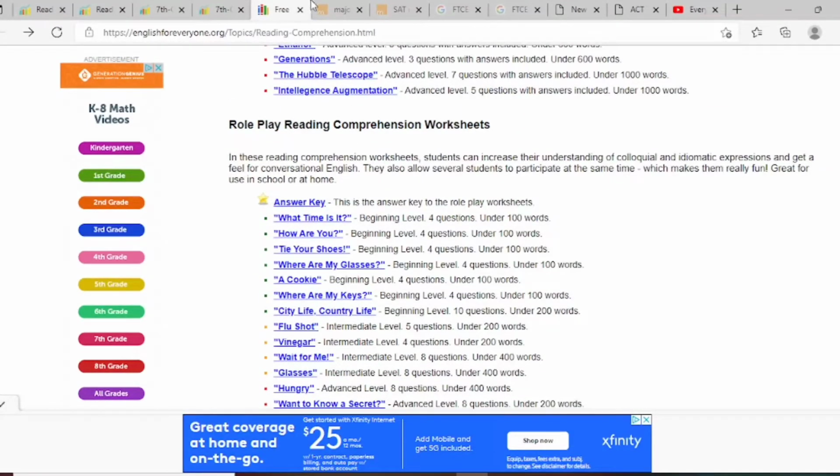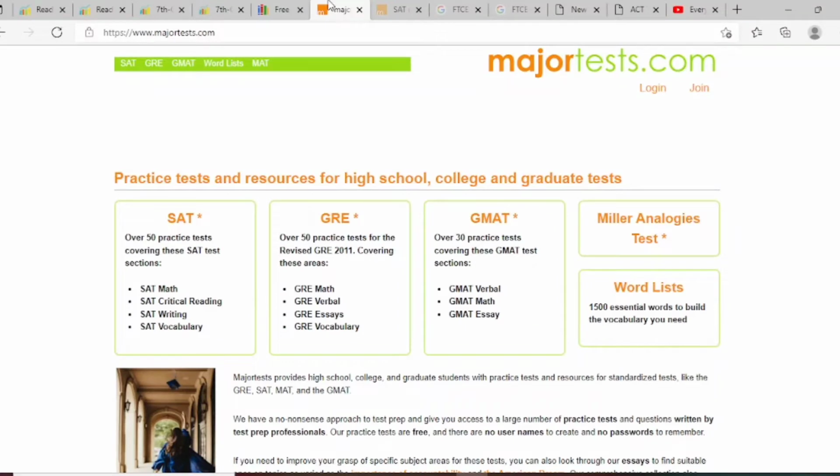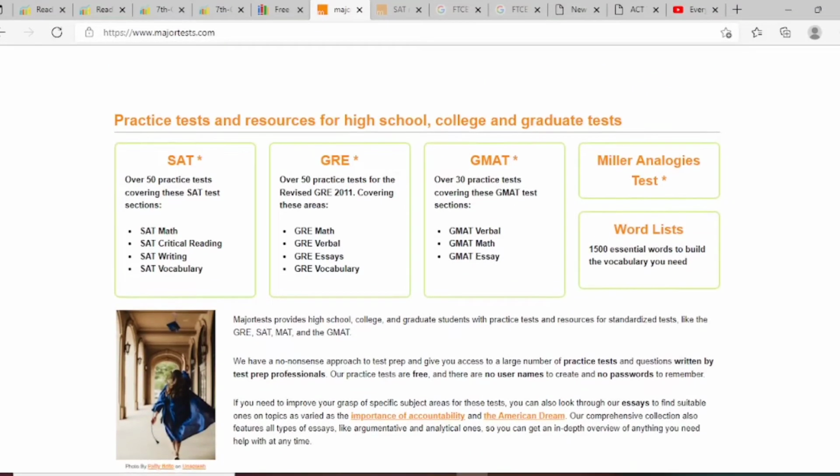Okay, so moving on to the next resource. The next resource is majortests.com. You're going to type that into your browser. And before I click on this one, this is just a disclaimer.